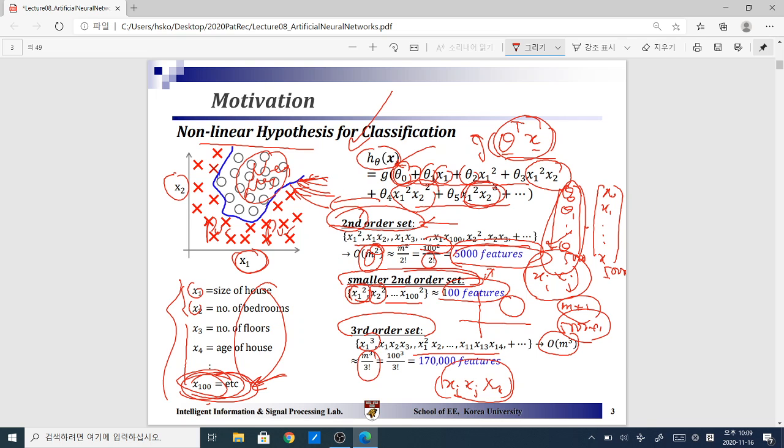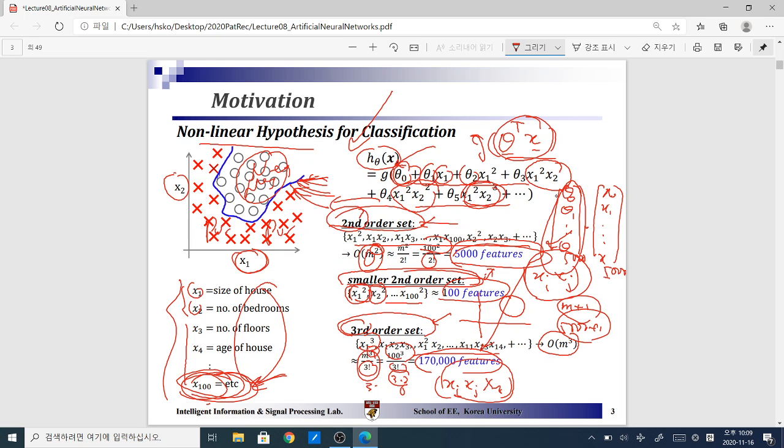Because we have a third order set, it's going to be m cubed divided by 3 factorial, which is 3 times 2. So that would be a cube of 100, or 100 to the third power, divided by 6, and that's going to give us roughly about 170,000 features, which is a drastic increase in the number of features by involving a third order set for its feature.